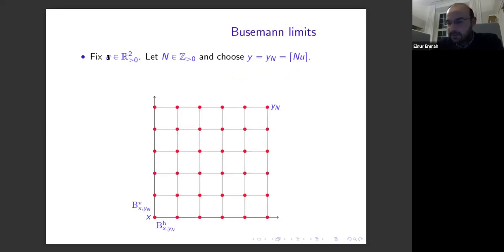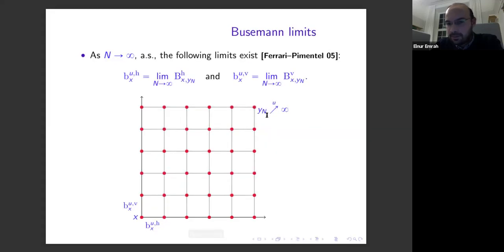Next, I will fix the direction vector u and choose this northeast vertex y_n as n times u, essentially. Then I will let n go to infinity. So this will make this corner go to infinity in direction u.